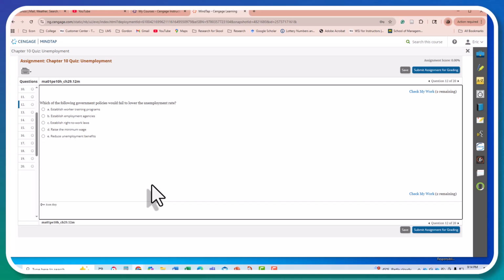Which of the following government policies would fail to lower unemployment rates? Now, establish working training programs? Nope. Establish employment agencies? Nope. So I'll let you pick out of the remaining 3.